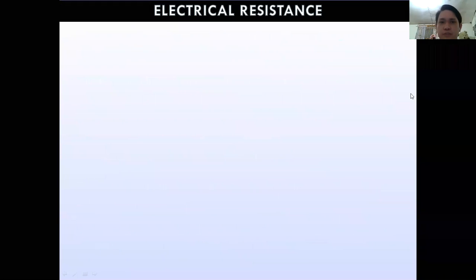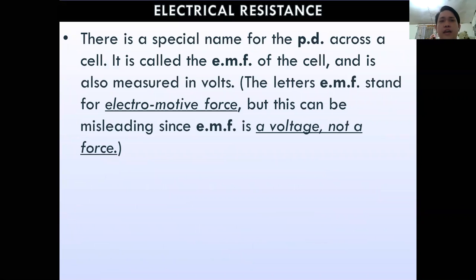Now let's proceed. There is a special name for PD. Aside from being another term for voltage, there is also a special name for the PD across the cell, and you call that the EMF of the cell.